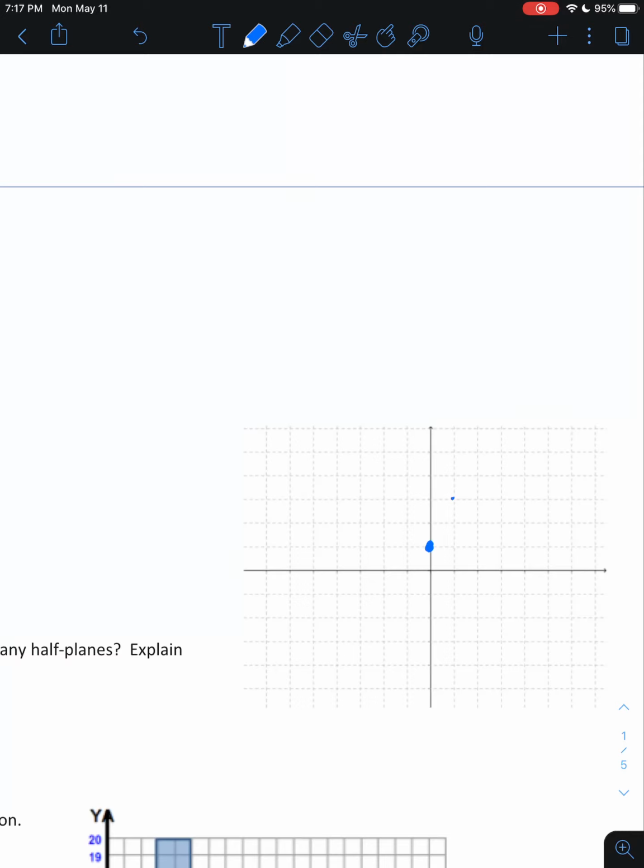So then our line would look basically like this, if I can connect them. So that's our line.